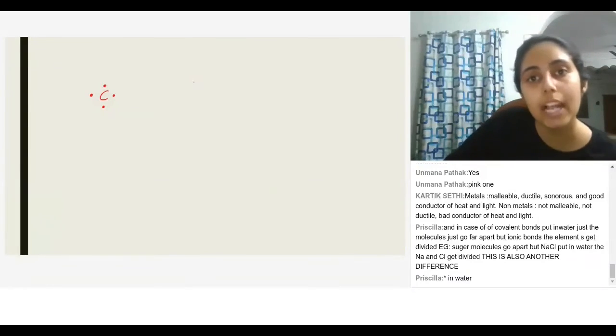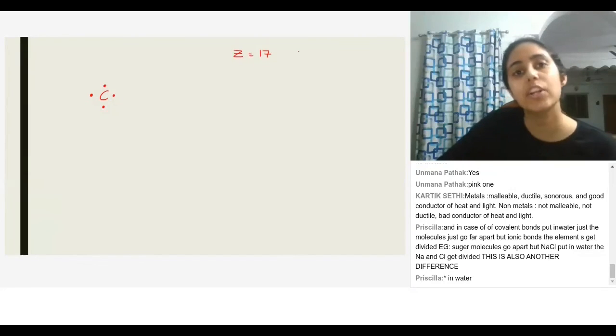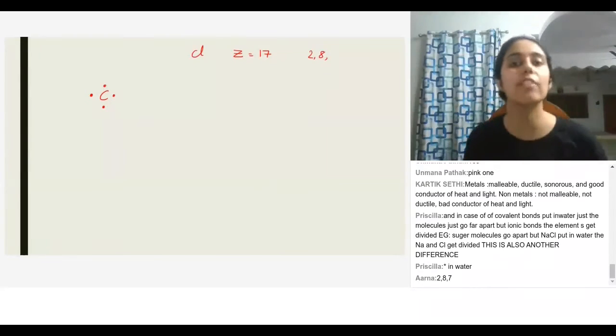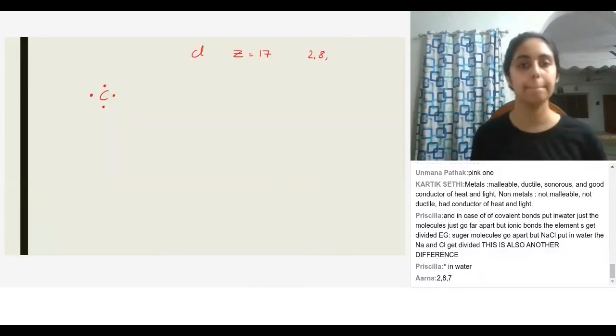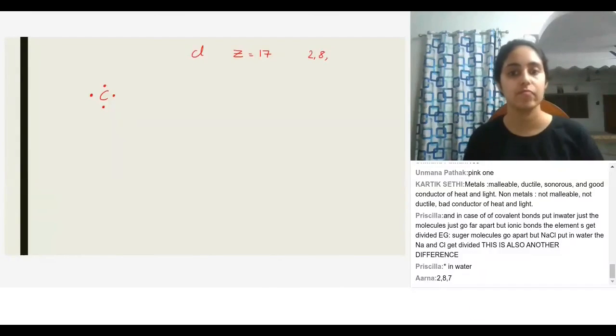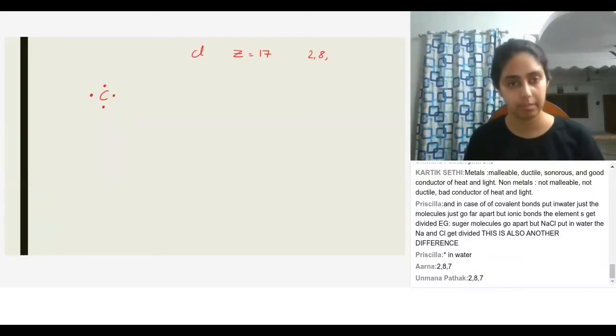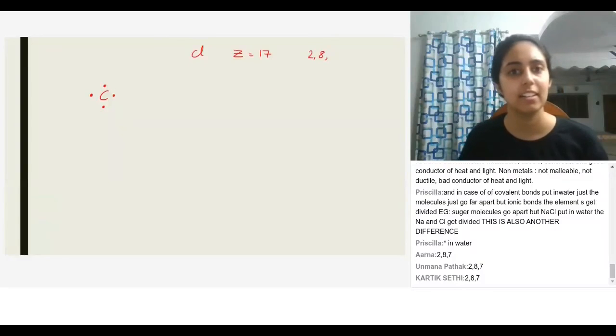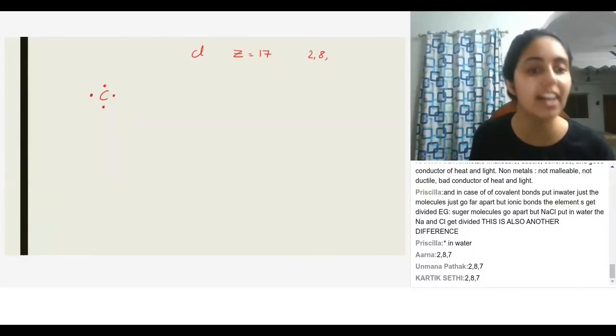Chlorine has atomic number 17. What is the electronic configuration of chlorine? 2, 8, 9. No, 2, 8, 7. Very good. Yes, good, Arna, Unmana, Karthik.